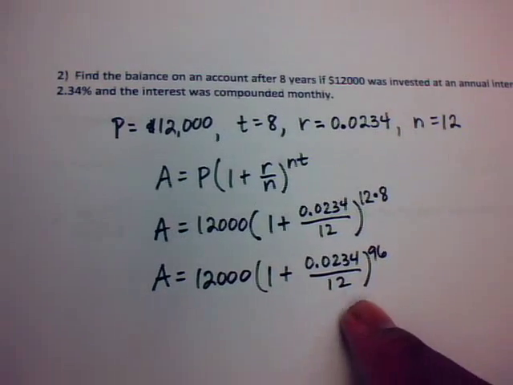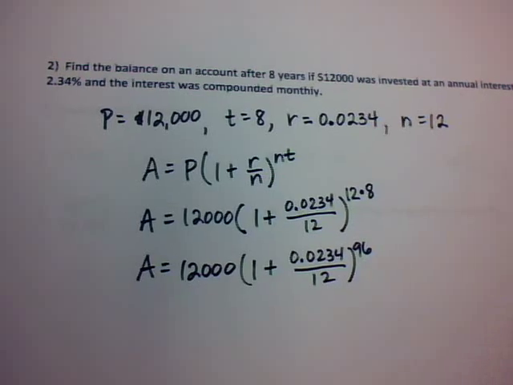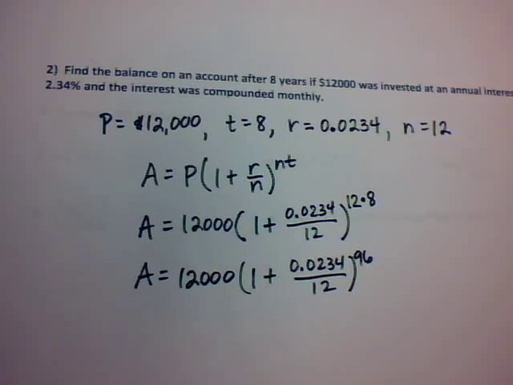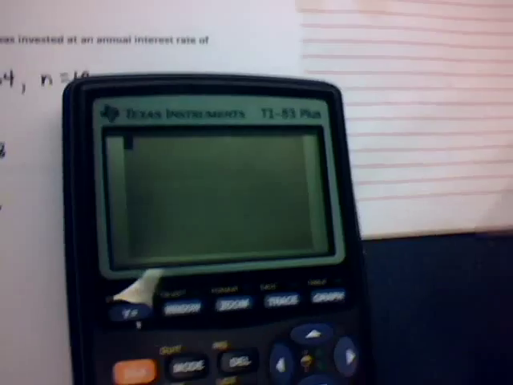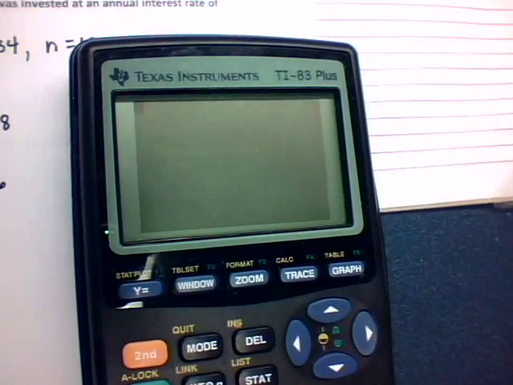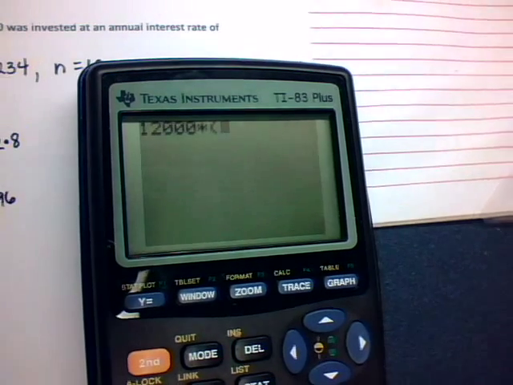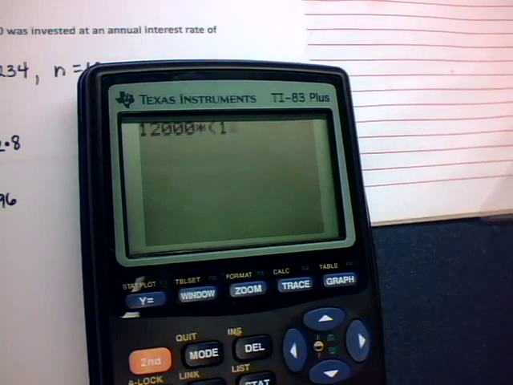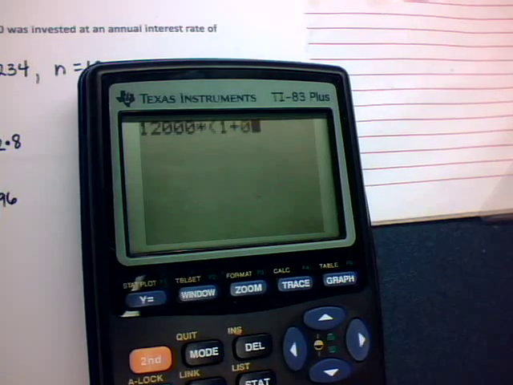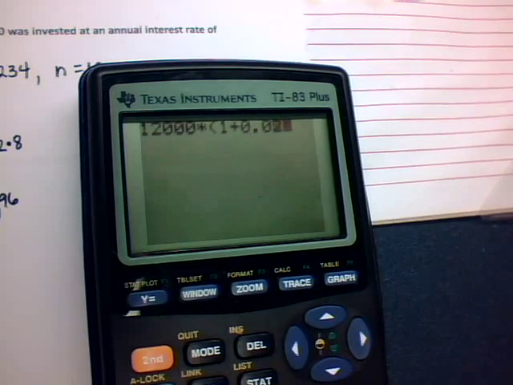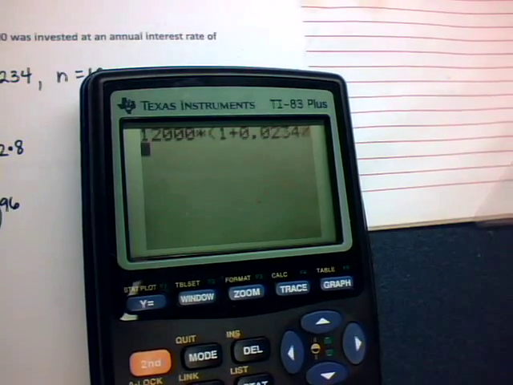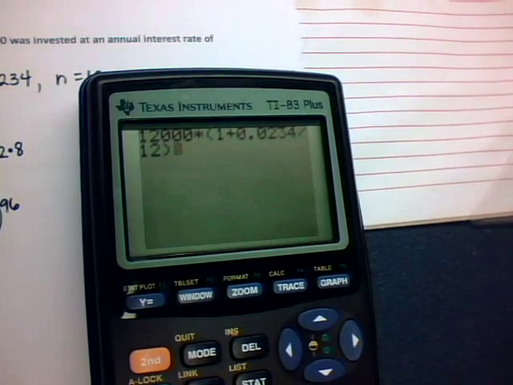And from here, we can enter this in the calculator. So here's the calculator. We'll type in the 12,000 times, and then left parenthesis, 1 plus 0.0234, and that's divided by 12. Close the parenthesis.